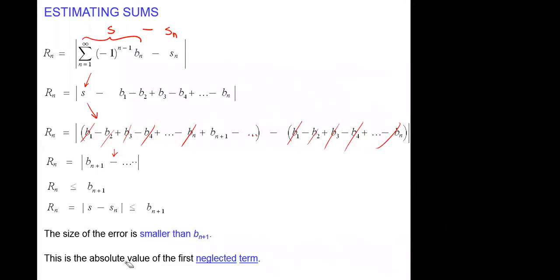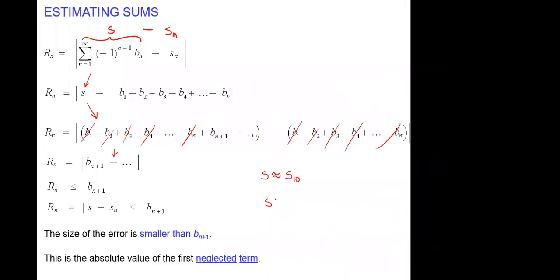Yeah? That means this is the absolute value of the first neglected term, the term that we didn't use, because we will always use the terms up to b sub n. Like let's say b sub 10, b sub 100. Let's say I say the entire sum is almost the same as s sub 10, just taking 10 terms.